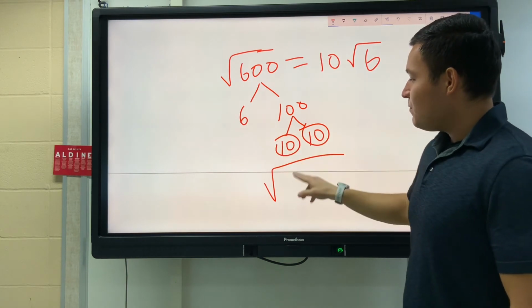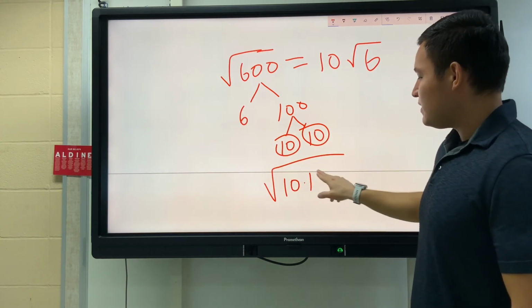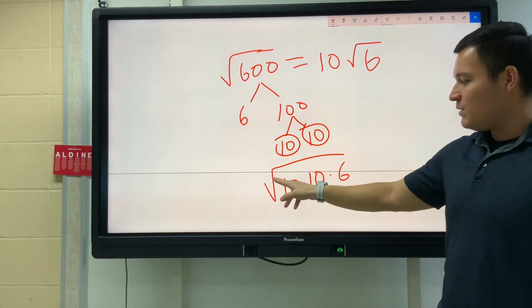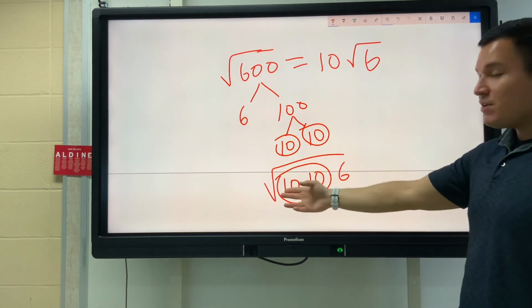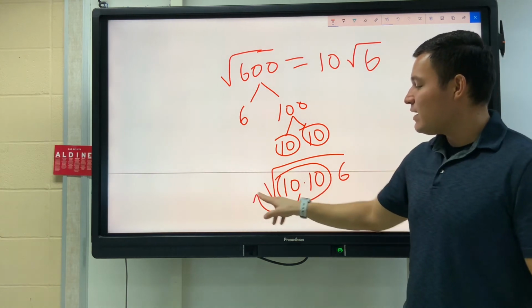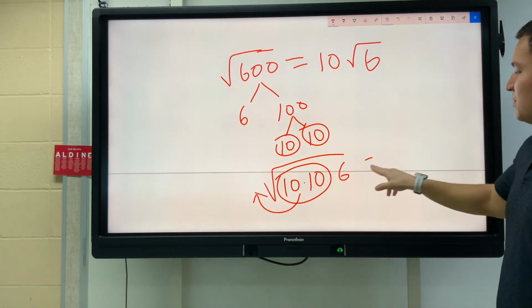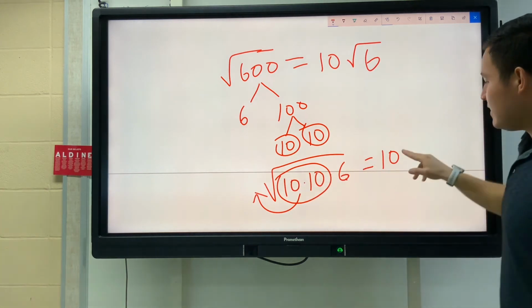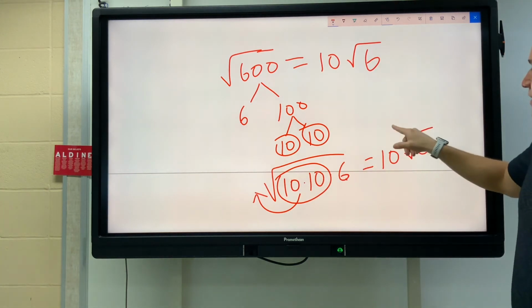By rewriting it with these factors, we have 10 times 10 times 6. Since we're doing the square root and we need a pair, we found a pair of 10s. These can come outside of the root to be a 10. This 6 doesn't have a pair, so it's going to stay inside of there, and we get the same answer.